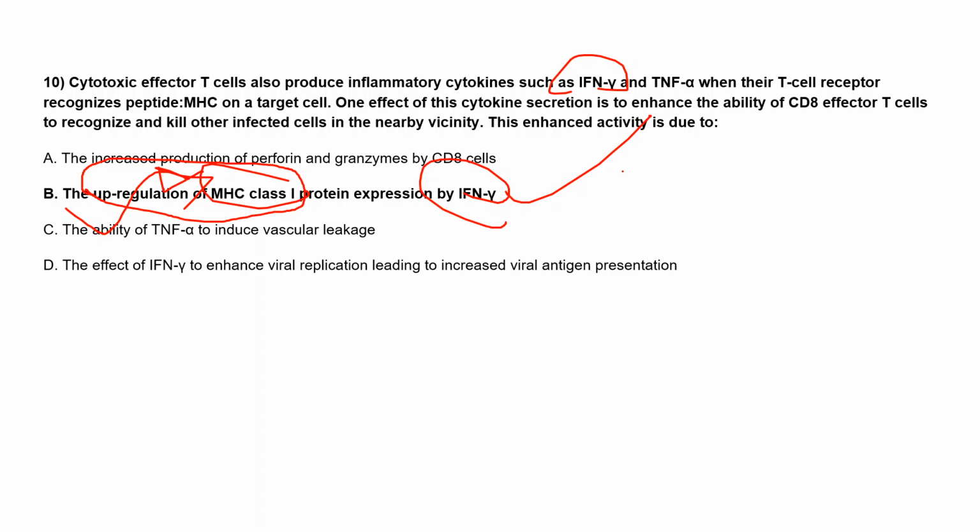But wait, the cytotoxic effector T cells also produce inflammatory cytokines, IFN gamma and TNF alpha, when their T cell receptor recognizes the peptide MHC on target cells. One effect of this cytokine secretion is to enhance the ability of CD8 effector T cells to recognize and kill other infected cells in the nearby vicinity. The enhanced activity is due to... Okay, you mentioned option B, yeah, right?